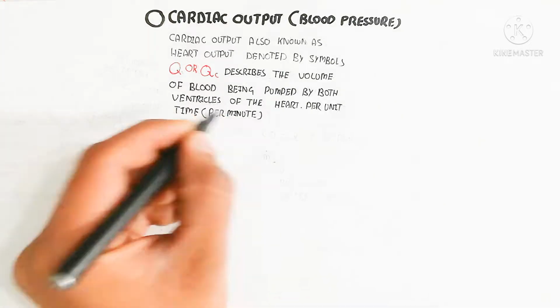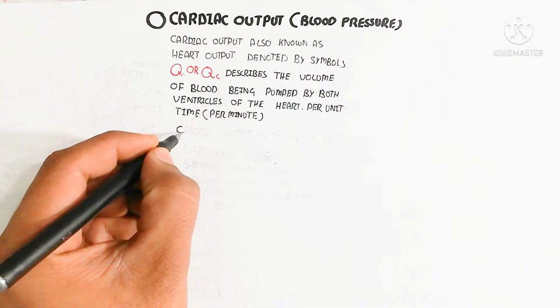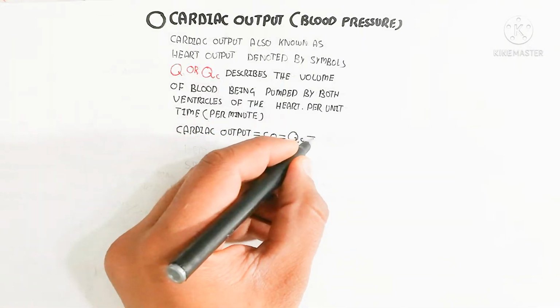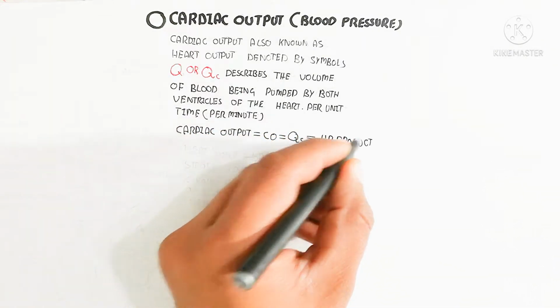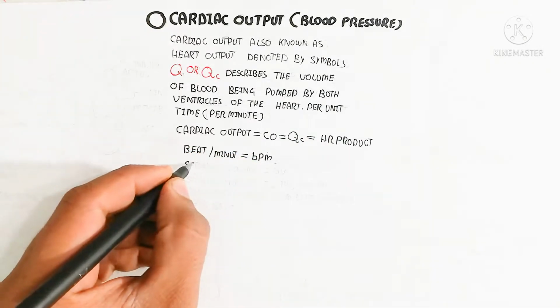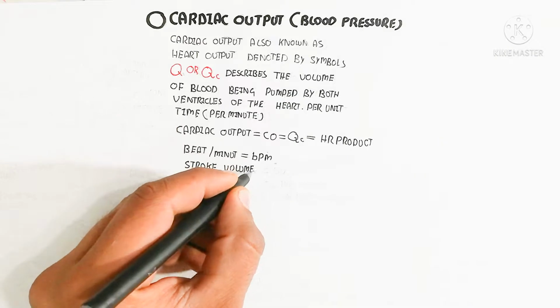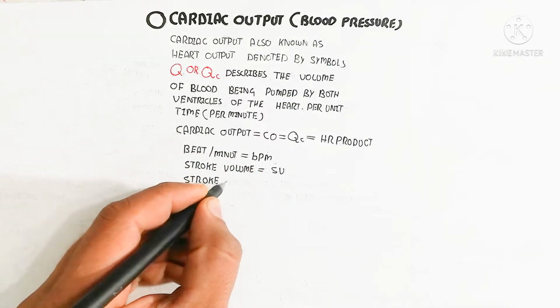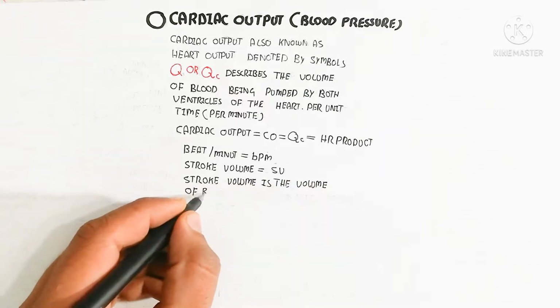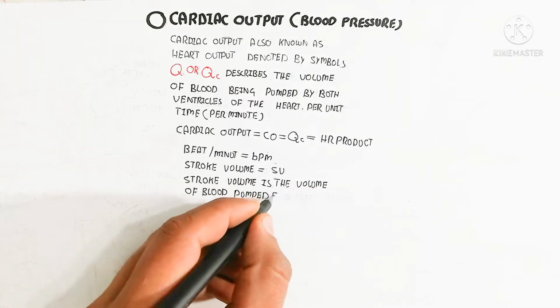Again, I am describing the volume of blood being pumped by both ventricles of the heart per unit time. So the cardiac output, CO or QC, is equal to heart rate times stroke volume. What is heart rate? It is beats per minute, BPM, and stroke volume is SV.